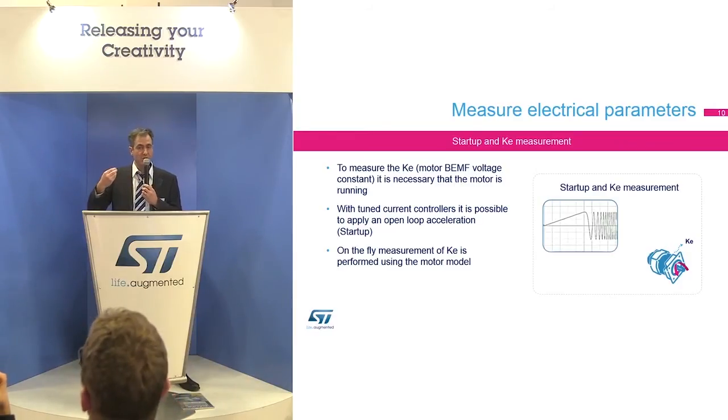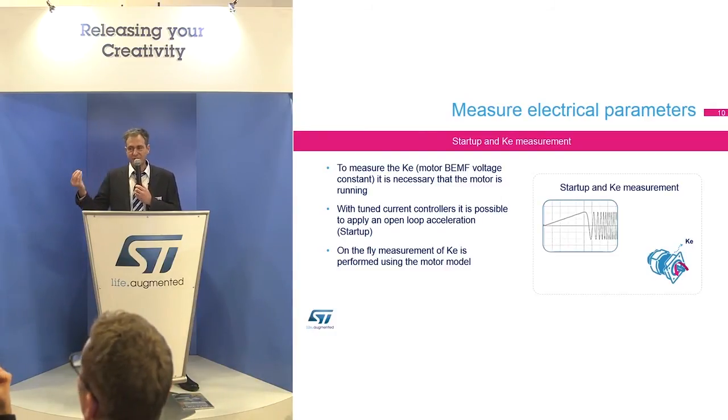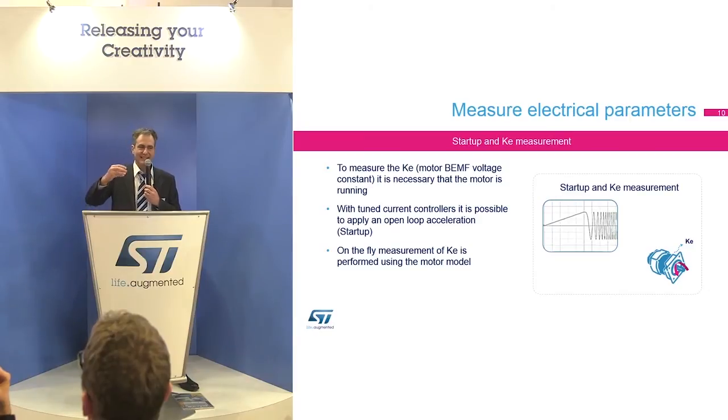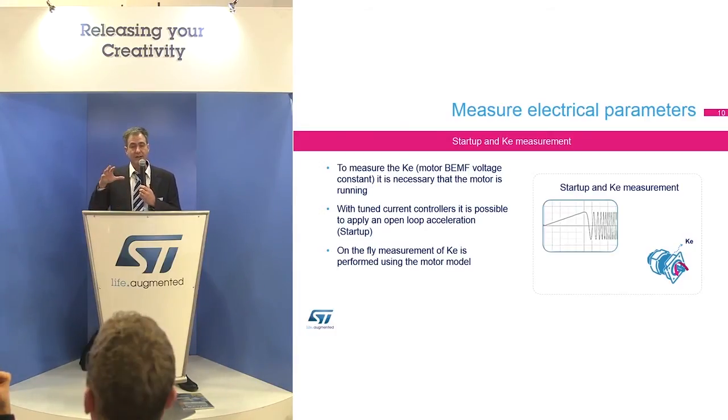Because we need to measure the last important parameter, the back EMF constant. The back EMF constant can be measured only if there is some back EMF, which is the voltage induced into the stator when the motor is running. So it is not possible to do this measurement in standstill.